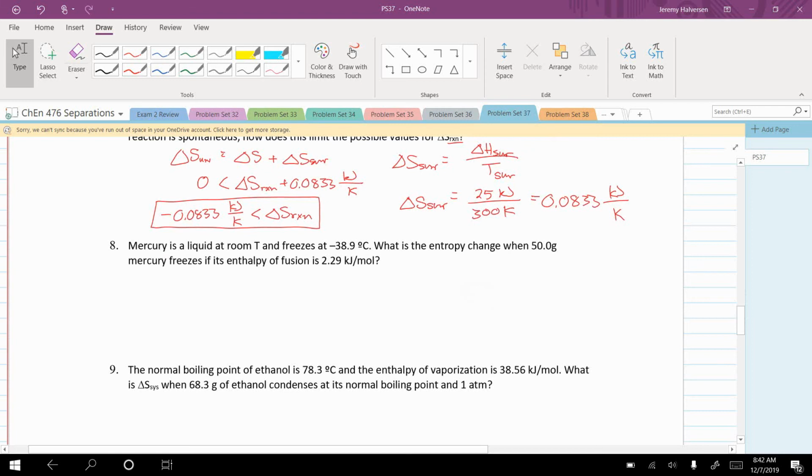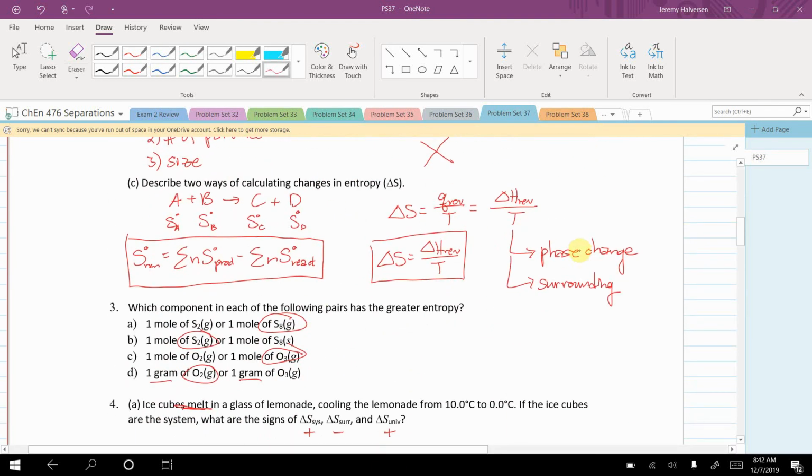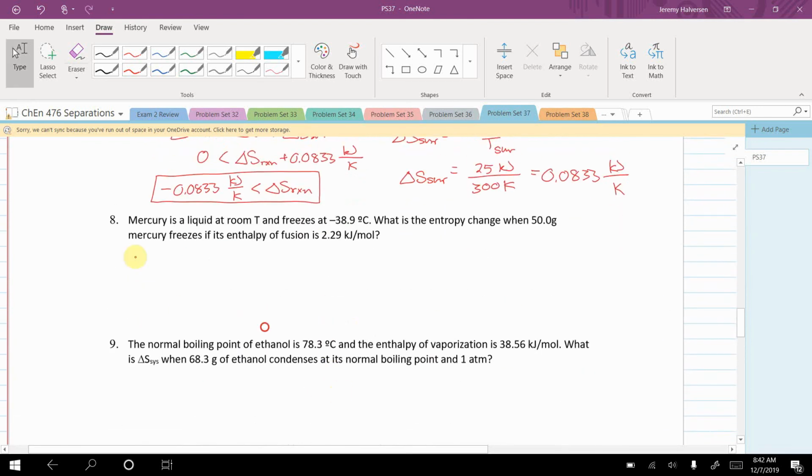Mercury is a liquid at room temperature and freezes at negative 38.9 degrees Celsius. What's the entropy change for 50 grams of mercury freezing, if its enthalpy of fusion is 2.29 kilojoules per mole? Well, remember, for a phase change, how can we calculate entropy? Again, it's delta H over T. So the delta S of this phase change is going to equal delta H of this phase change over the temperature of the phase change.